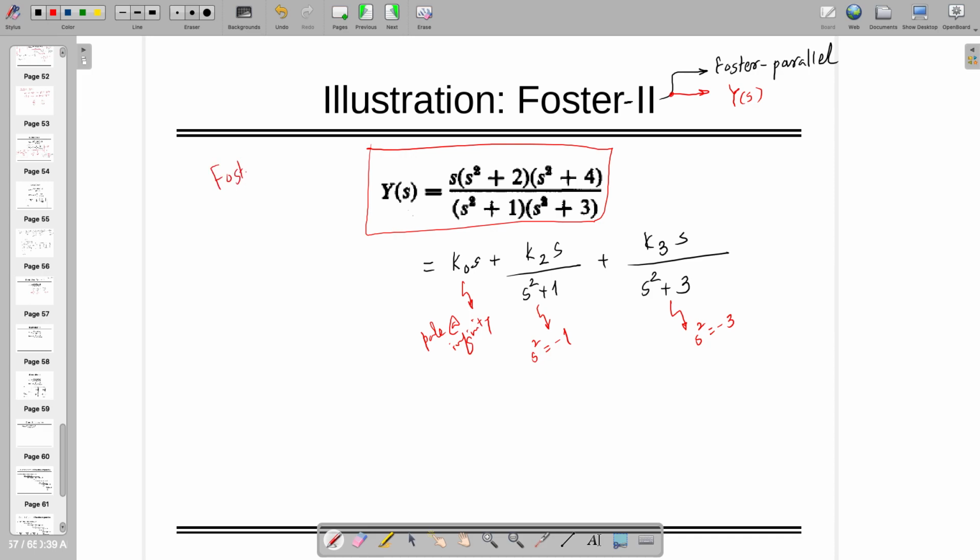So the Foster 1 technique is Foster series, and it's advisable to use Z of s only. So then you can write Y of s is equal to 1 by Z of s, which is equal to (s square plus 1)(s square plus 3) divided by (s square plus 2)(s square plus 4).